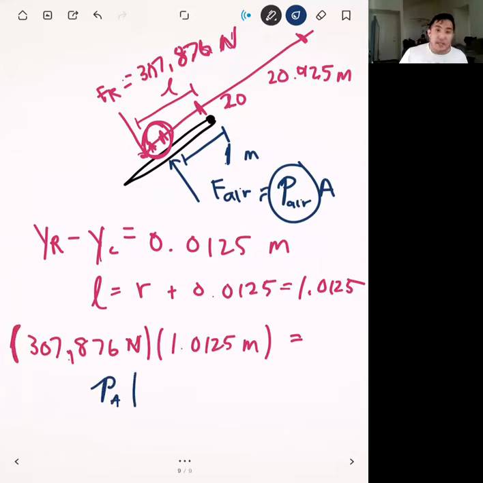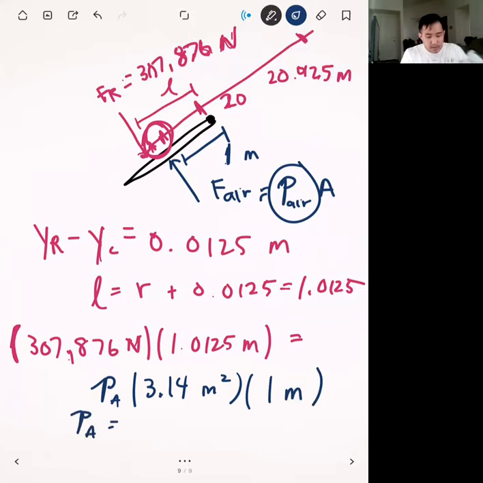The area in this case is the same as we did before, so this is going to be 3.14 meters squared, multiplied by the distance, which is 1 meter. And so we can solve this equation for P air. Then what we get is 99,275.3 pascals.